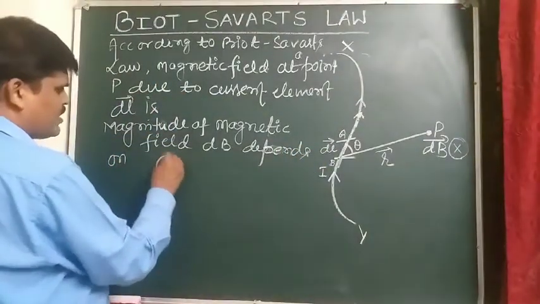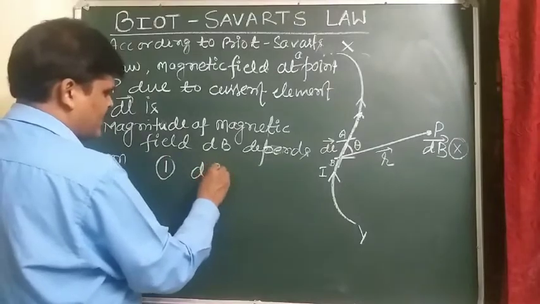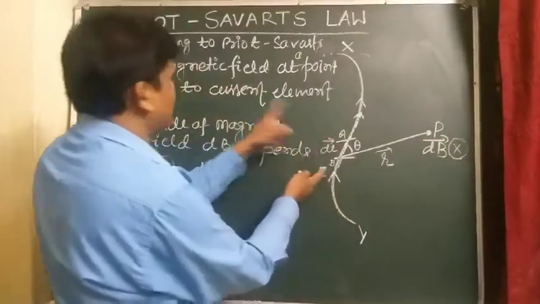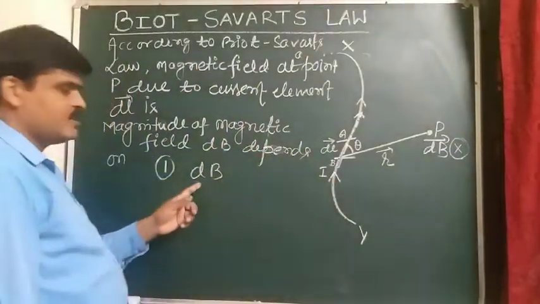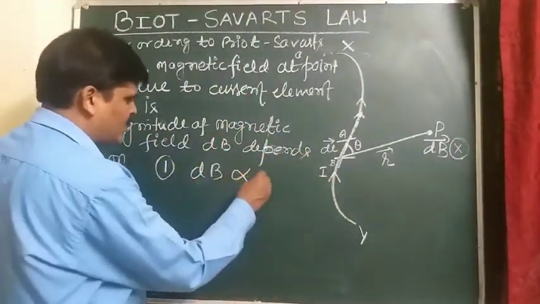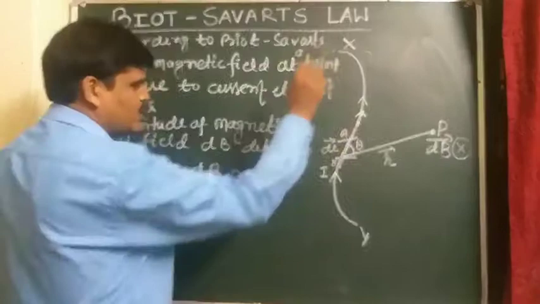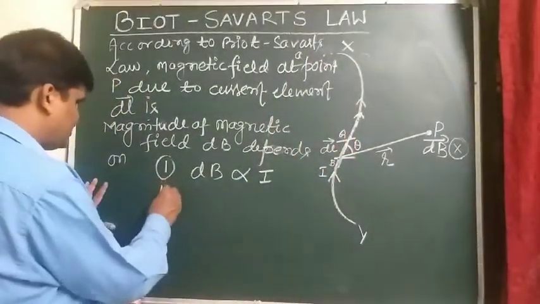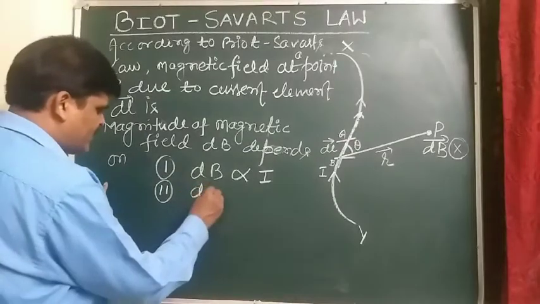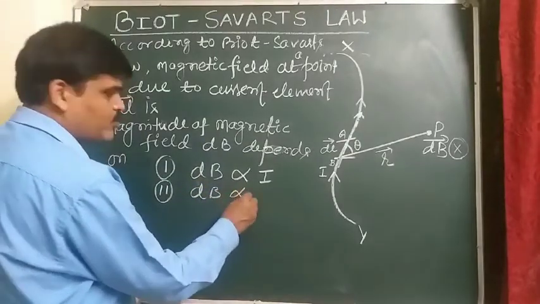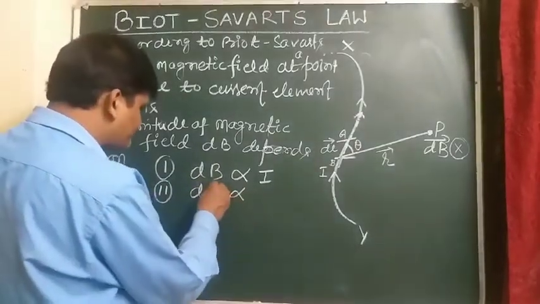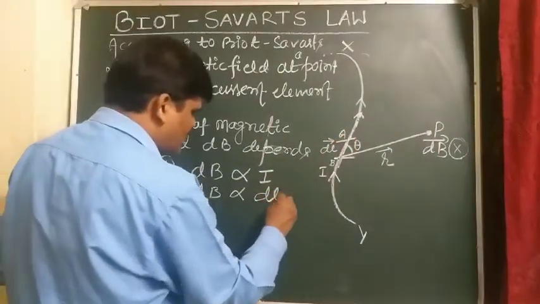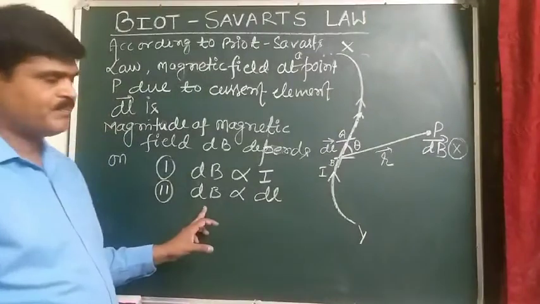first, the magnetic field at a point P due to the current element is directly proportional to the amount of current passing through this current element. Second, the magnetic field is also directly proportional to the length dl of the current carrying conductor.